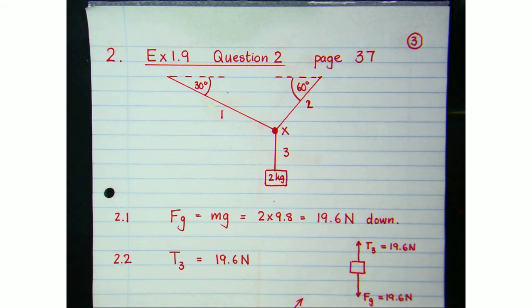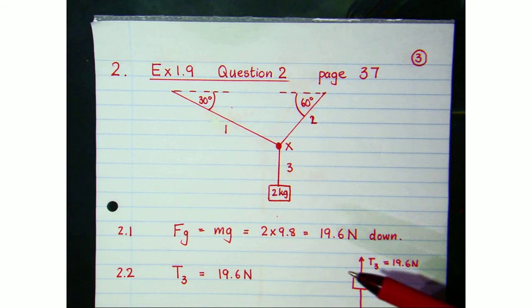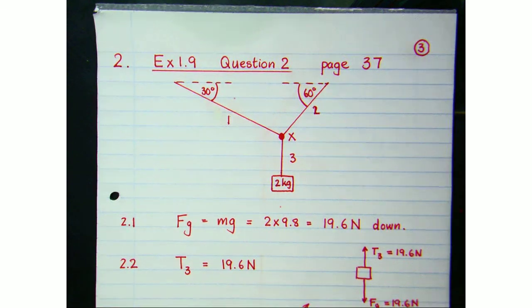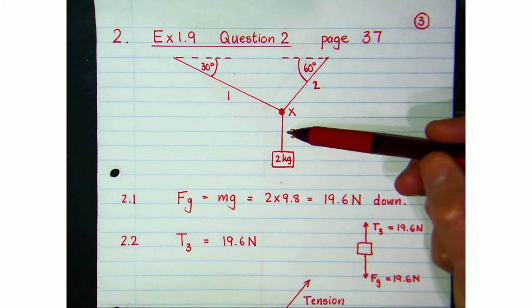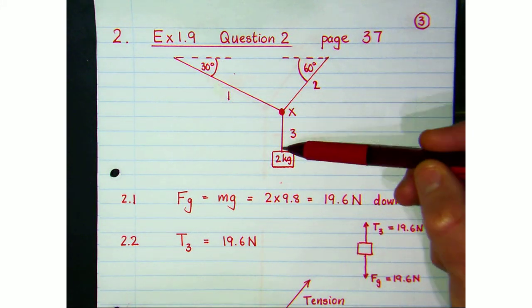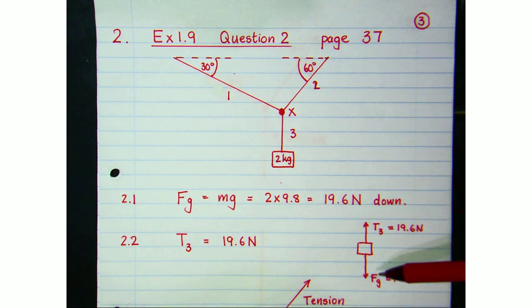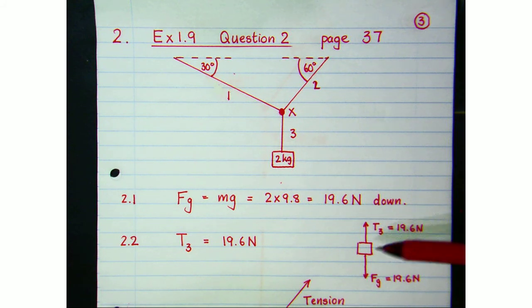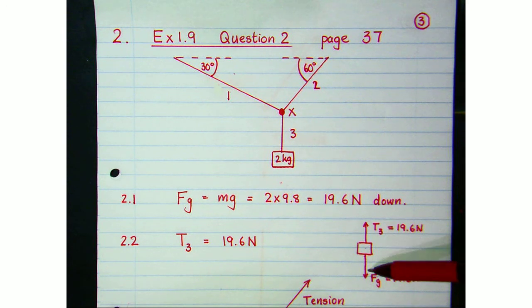Alright, the first one, 2.1, was pretty easy. We needed to find the weight of the 2 kg block. So that's mass times g, and that gave us 19.6 newtons downwards. The second question asks for the tension in string 3. If we look at the forces acting on the 2 kg, we've got a gravitational force and a tension acting up. Because that 2 kg mass is at rest, these two forces are balanced.